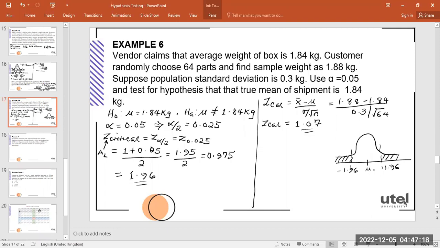If this is 0, 1.07 is still within, just before the rejection region. So in this case, our conclusion is that we fail to reject the null hypothesis. In other words, the null hypothesis still stands, that the mean sample weight for the box is 1.84 kg. So our decision is that we fail to reject the null hypothesis.